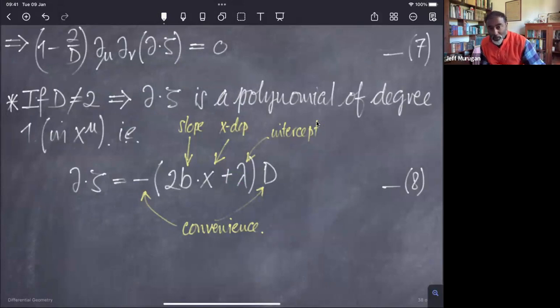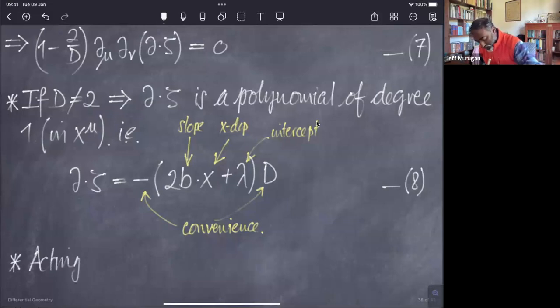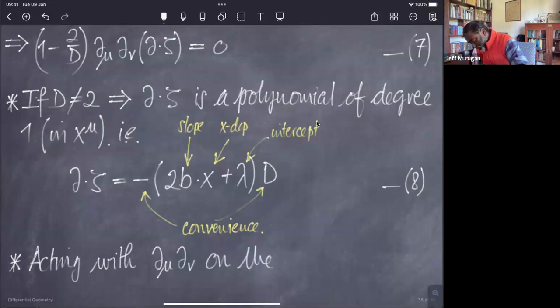But now we can act with the second order operator d nu on the conformal Killing equation. Remember what we found: acting with d nu on the conformal Killing equation, and if we simplify a little bit, we want to do the same thing again.